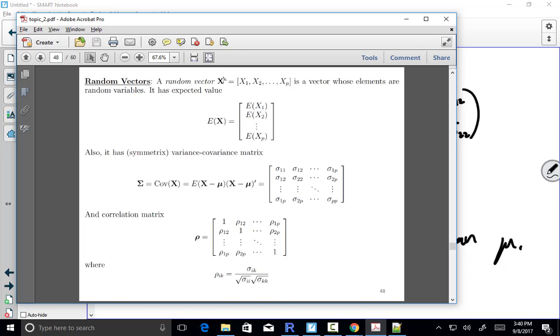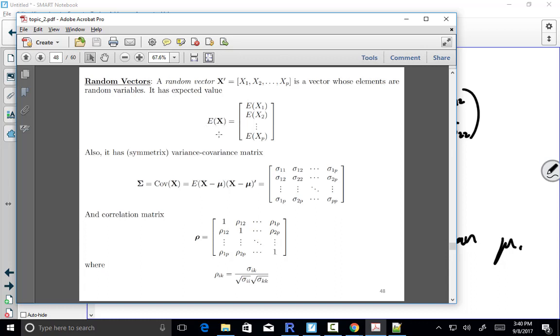So I can write it horizontally and not vertically and take up so much white space. Let's just call it x transpose, in which case it's x1, x2, dot, dot, dot, xp. That's a random vector.